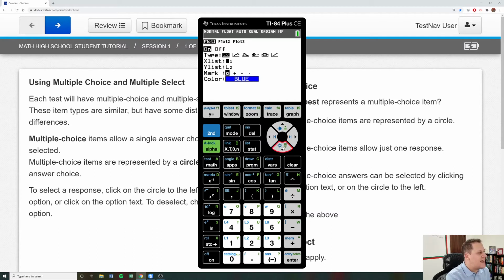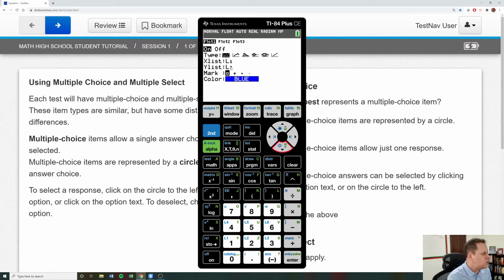It is a scatter plot, so we're going to look at it like that. But instead of graphing L1 versus L2, we're actually going to keep the x list as L1. So this is still the x variable. But the y on the vertical axis, instead of looking at the y values, we want to look at the residuals instead. And the great thing is, remember when we ran the linreg at the beginning of the video? Anytime you run a linear regression on your calculator, it stores all of the residuals automatically in its own list.